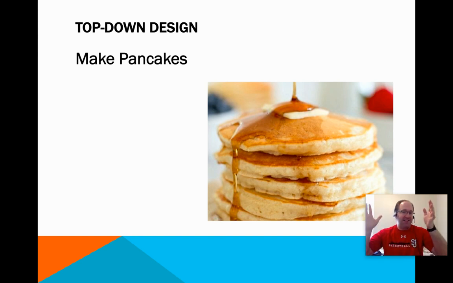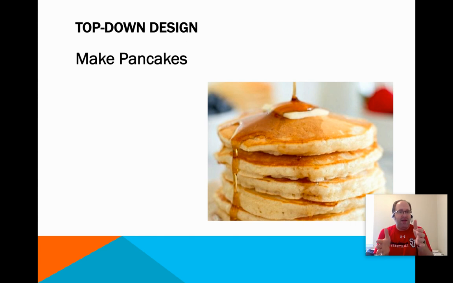This is the big concept here, I'm going to make pancakes, right? But if I was going to program this, I would have to break this down into smaller parts, because there's a lot of things that have to happen between no breakfast and pancakes on the plate, right? So this idea is called top-down design, where we take this large concept, make pancakes, and break it down into smaller subtasks, right?